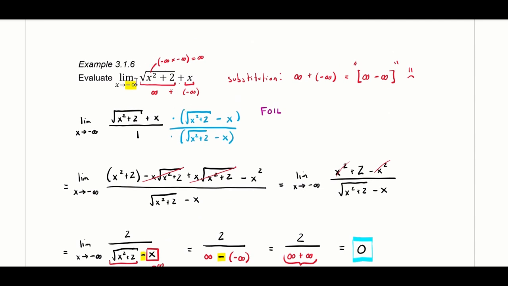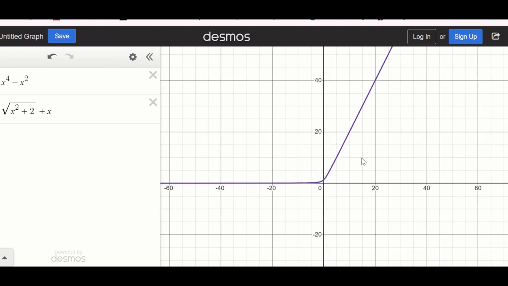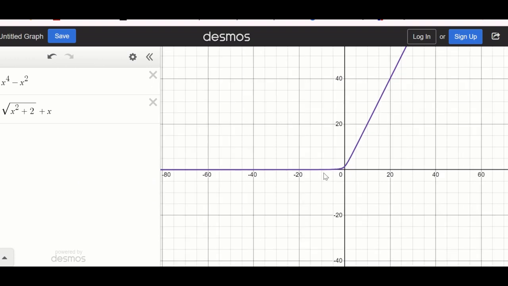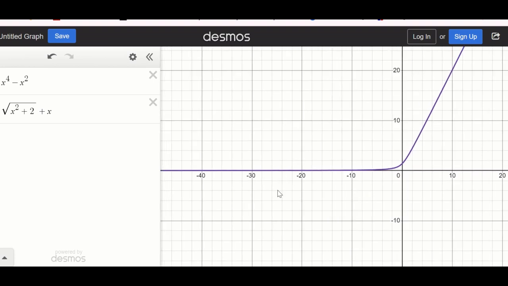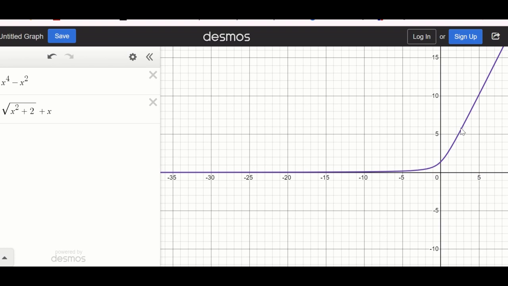What about this one? So the limit of this function as x goes to negative infinity, we said it should be 0. So let's see. That's this function here in purple. So we are looking at this function and seeing what happens as we let x get big in the negative direction. As we go to the left, so negative 10, negative 20, negative 500, etc., notice that our function looks like it's approaching 0.